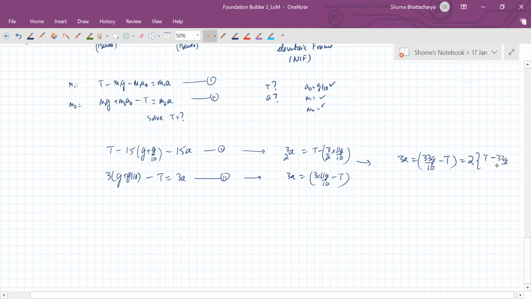is double of the right hand side on this side, which is T minus 33G by 20. Okay, so 33G by 10. So T is going to become 33G by 5.